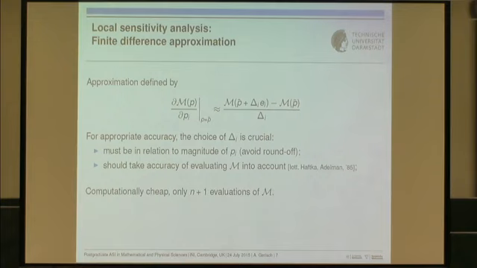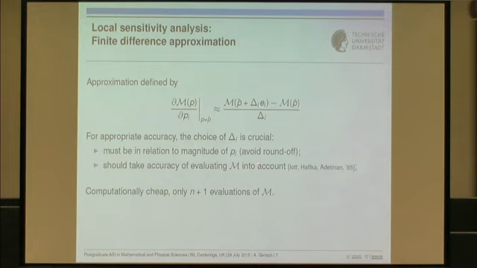And in order for this quotient to be an approximation of suitable accuracy, the choice of this delta_i is important. It must be in relation to the magnitude of the parameter. If it's too small with respect to the parameter, then on the computer this addition might simply end up being p bar, and you solve the same problem twice and get zero dependence, which might not be true.